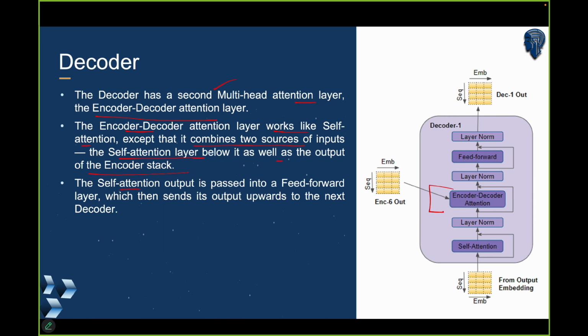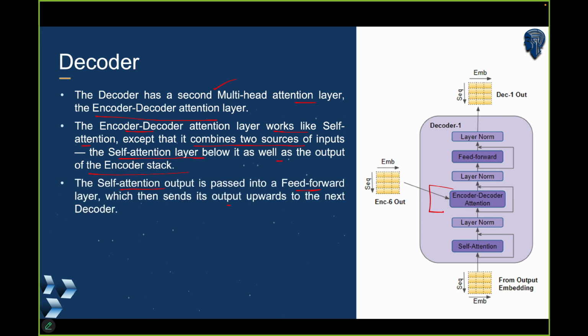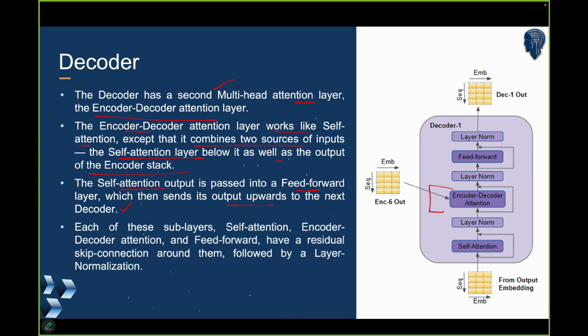The self-attention output is passed into a feed-forward layer, which then sends its output upward to the next decoder. Each of these sublayers, like self-attention, encoder-decoder attention, and feed-forward, has a residual skip connection around it followed by a layer normalization.